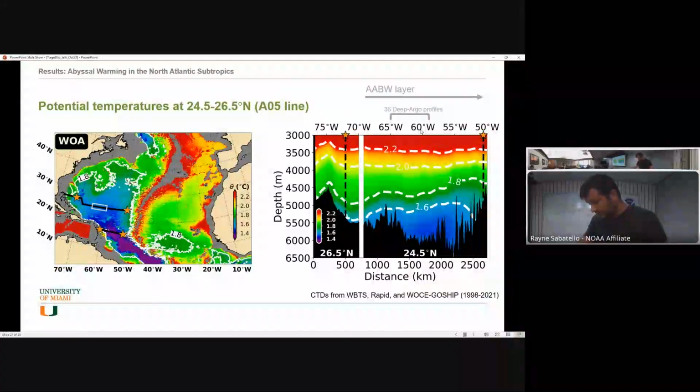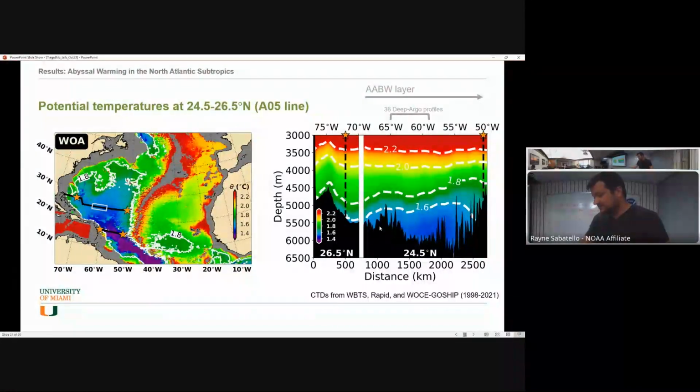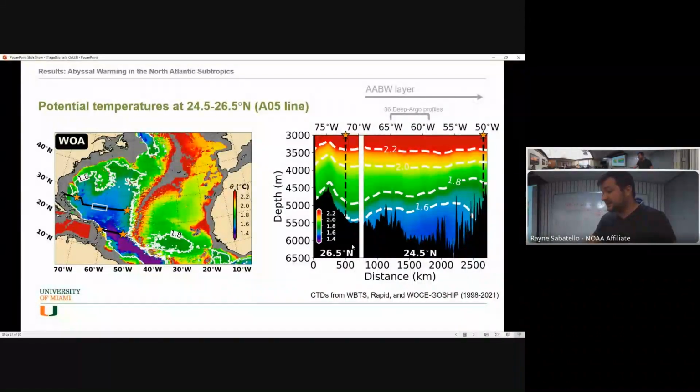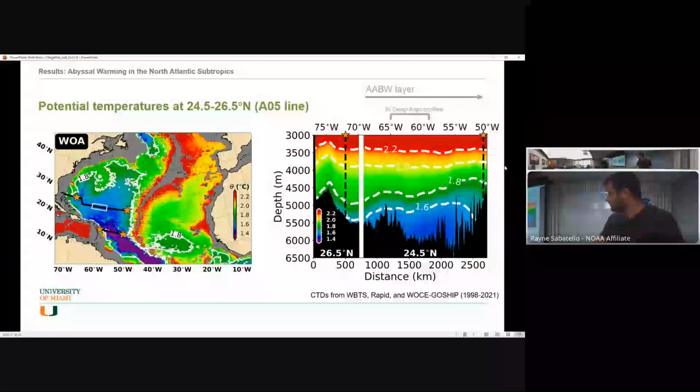When you look at this, you can see that most of the Antarctic bottom water layer is constrained to the east of 69 west, which is the transition between the Western Boundary Time Series transect and the Wüst historical line.